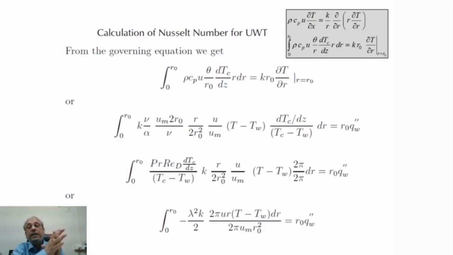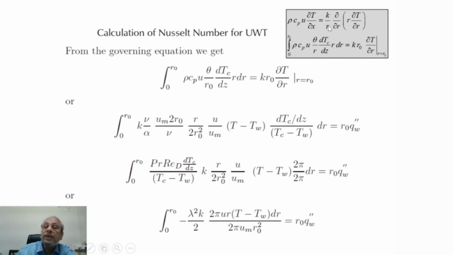Now we utilize this complete solution to find out the Nusselt number. In order to find out the Nusselt number in the pipe, we make use of the governing equation. We transfer r to the left hand side from the right hand side and integrate between 0 to r naught.